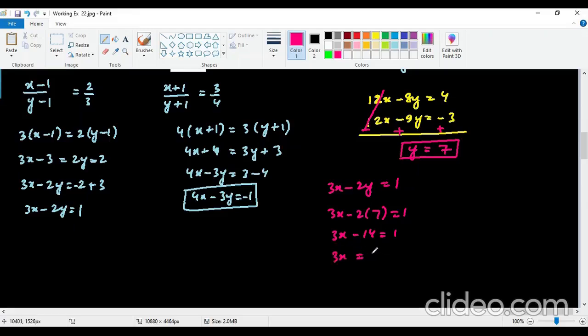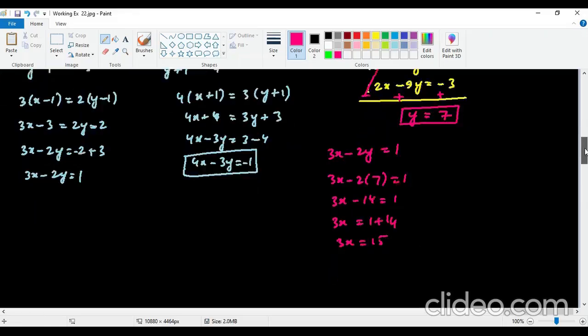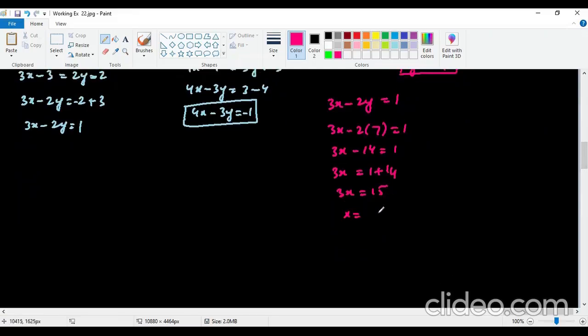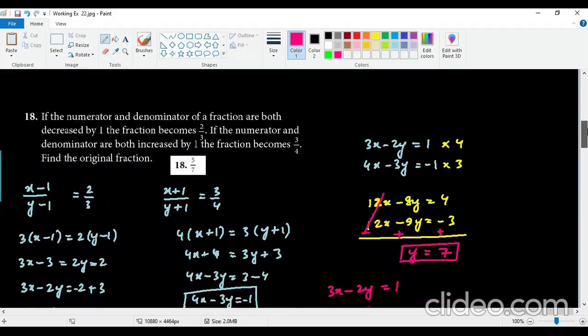So 3x will be equal to 15, and x will be equal to 5. So the original fraction that we are looking for is 5 over 7. Moving on to the next question, which is question number 19 that we can find over here.